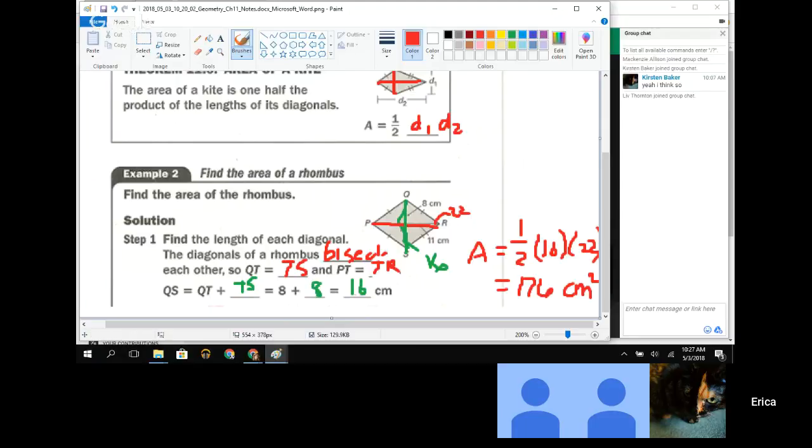And PR equals PT plus TR, which means we add 11 plus 11 to get 22 centimeters. So just kind of formalizing what we have.